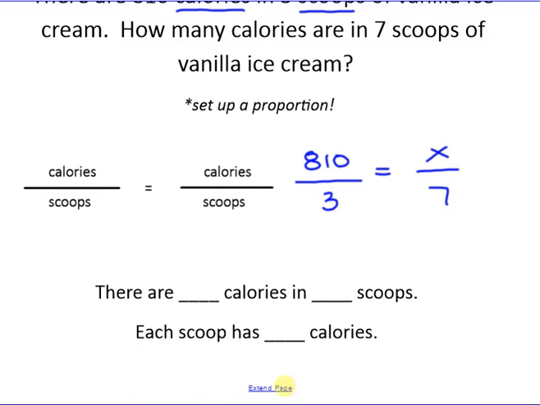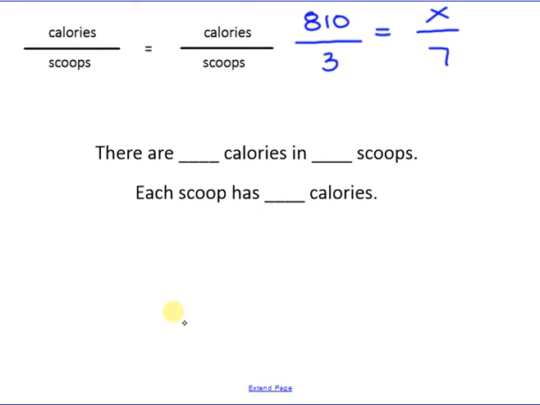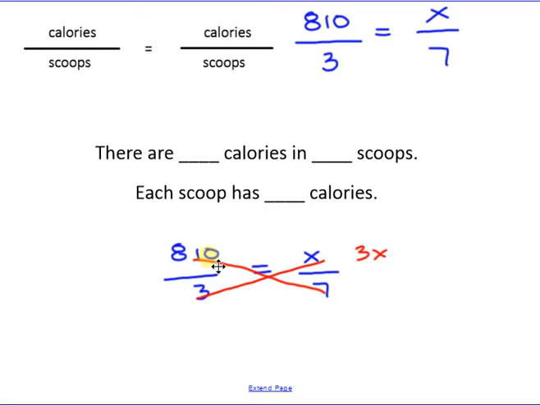So let's go ahead and solve that proportion. I'm going to put it down here. So 810 over 3 equals x over 7. So 3 times x is 3x. 7 times 810 is 5,670.